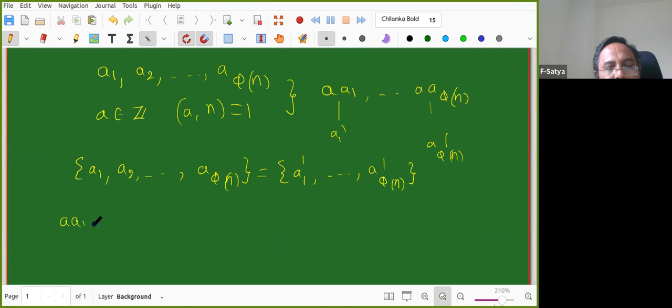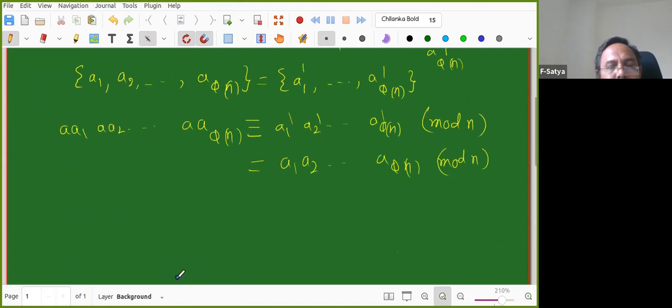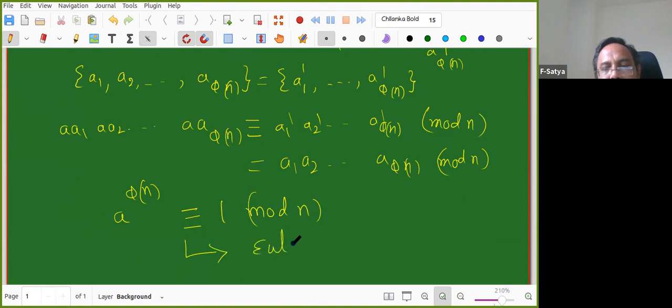So a1 a2 and so on up to a_phi(n) is congruent to a1 dash a2 dash and so on up to a_phi(n) dash modulo n, but this is nothing but a1 a2 up to a_phi(n) modulo n. From this, after doing all the calculations, we proved this. This is called Euler's theorem, so you all remember.